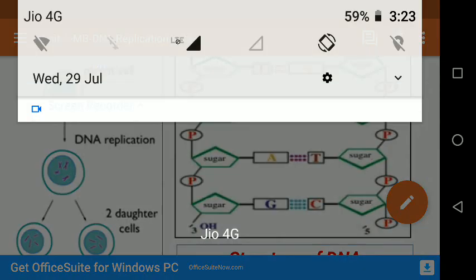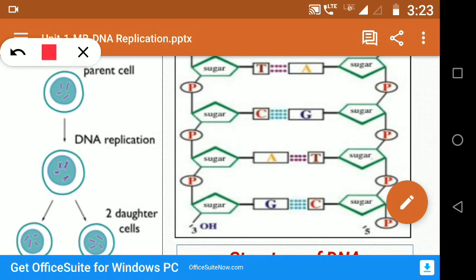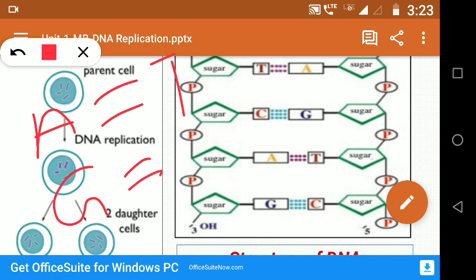And as we all know, DNA contains only 4 different types of bases: adenine, guanine, thymine, and cytosine. So the most important thing in DNA structure is that adenine base pairs with thymine and guanine base pairs with cytosine.